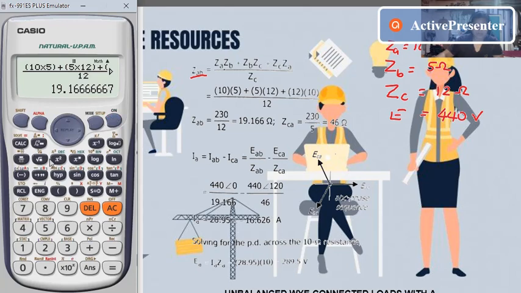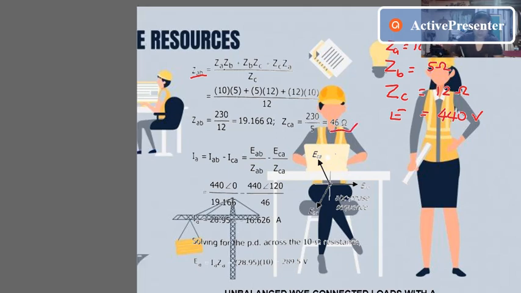Since the equivalent is the same, we have 230 over 5, which is ZB, 5 ohms. So our ZCA is 46 ohms. Since the problem asks for the voltage drop along the 10 ohms, we need to solve for the current IA, the current along A. For the formula for current along A, apply KCL.